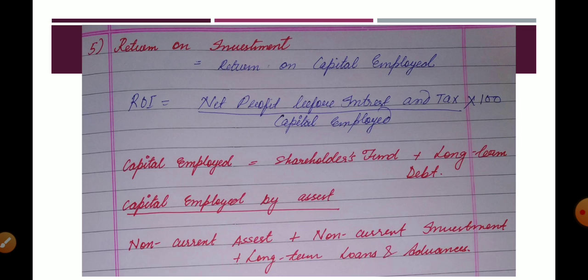So the ratio is calculated as return on investment is equal to net profit before interest and tax, that is EBIT, divided by capital employed, then into 100. So capital employed is equal to shareholders' funds and long-term debts. The capital employed by the assets are non-current assets plus non-current investment plus long-term loans and advances.